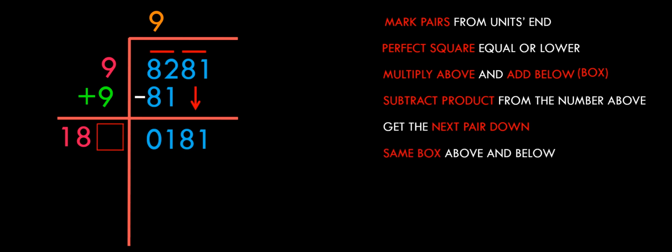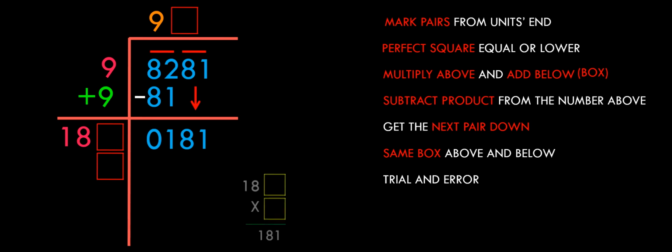Now we will add the same box above and below. And the number in these three boxes will be the same. Now we will use trial and error method to find the number in these boxes. We will have to guess what number can possibly be put in these boxes to obtain 181 as a product.